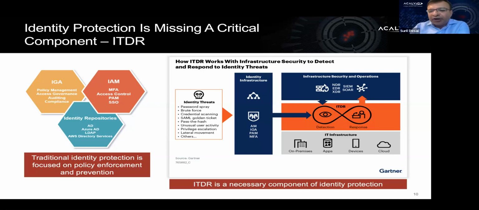Gartner has advocated for the use of identity threat detection and response as a necessary component for all enterprises. And so here is a little bit of a view into how you can expand your identity protection by adopting identity threat detection and response.